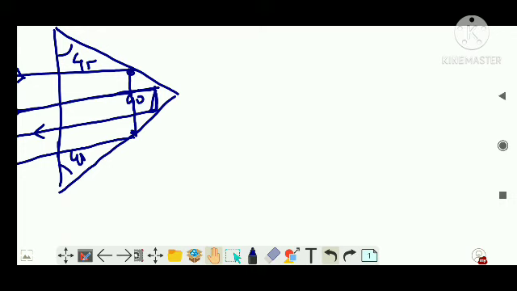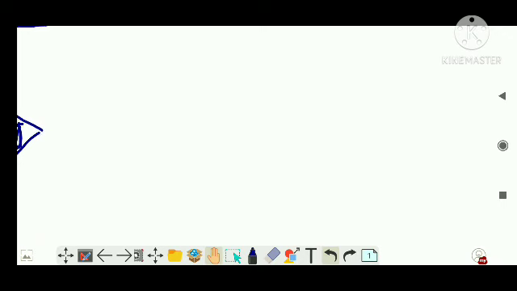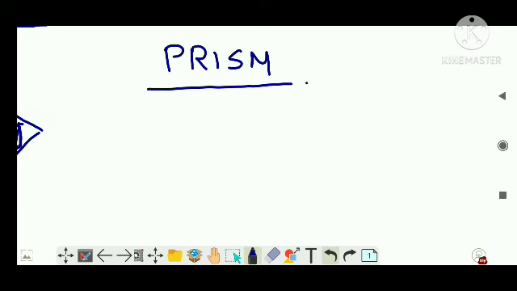Now since we are talking about prisms here, we'll go to the next bigger topic, that is the prism. Now what is a prism? It is a solid made of glass, or it can even be plastic, but usually what we study is made of glass.